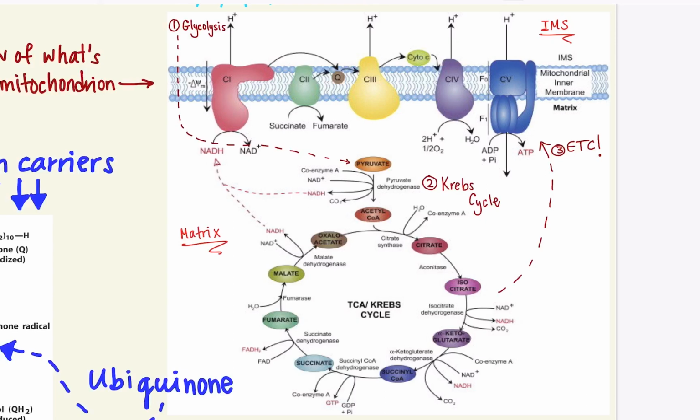And then at the end, somehow, you don't know how yet, but we'll talk about it, an ADP gets phosphorylated into ATP. So that was the very simplified version of the ETC and how it works.